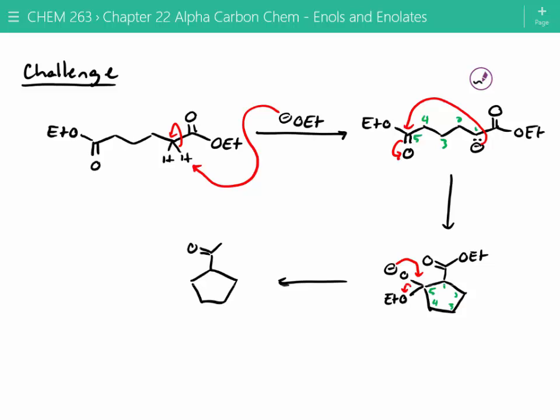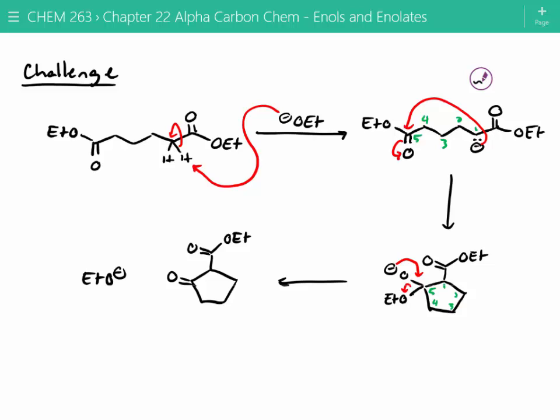And intramolecular cyclizations are very, very favorable due to the entropic considerations compared to having 2 molecules attack one another. Okay, and then we've got EtO negative. What will this do? Grab another proton.